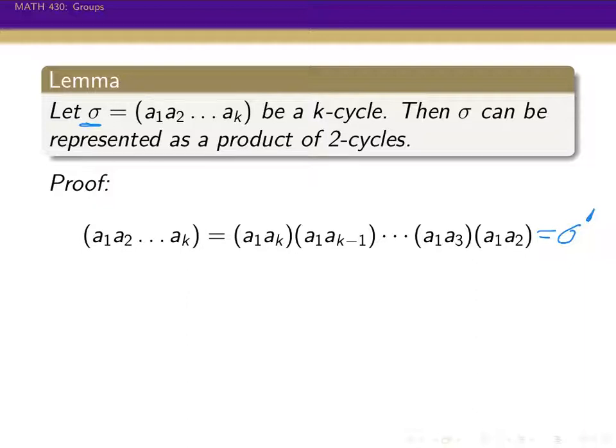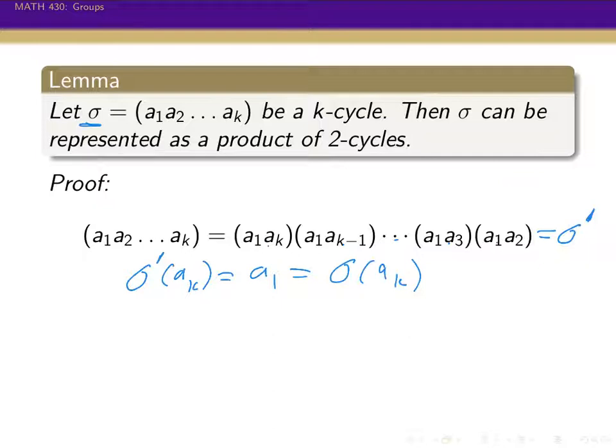First, if I apply sigma prime to AK, going through here, AK doesn't appear until we get to the very last one. And in that one, AK gets swapped with A1. So AK is sent to A1 just the same as what happens in sigma. AK is the last entry there.